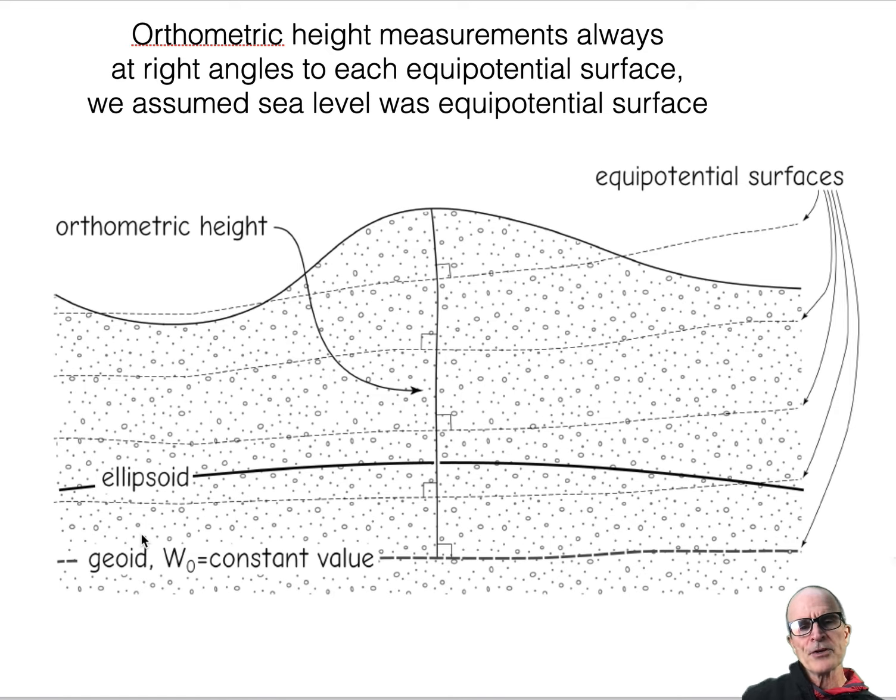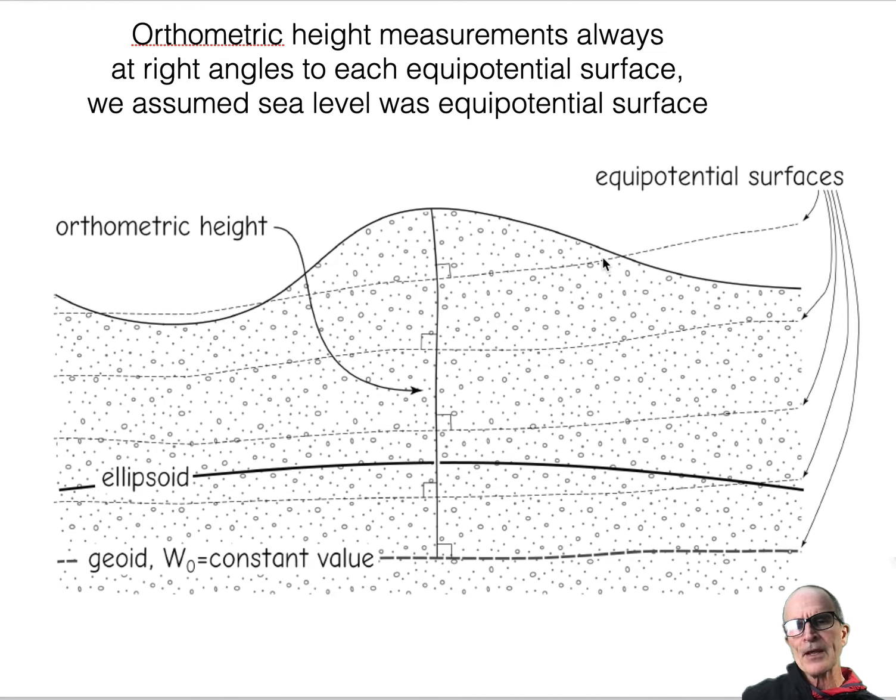Well, why do we use a gravity-based measurement, and how do we use it? Well, we have to realize that there are these equipotential surfaces, and you might think of them as the pull of gravity being the same strength along these surfaces. It's not truly the definition. The definition has to do with the energy required to go from infinity to this location.